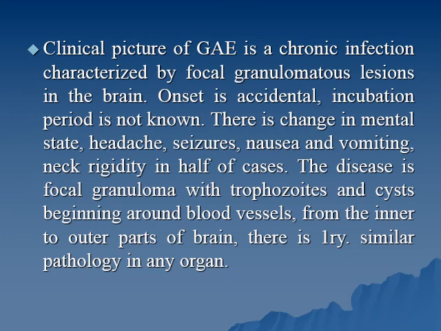The disease is focal granuloma with trophozoites and cysts beginning around a blood vessel from the inner to the outer parts of the brain. There is primary similar pathology in any organ affected.